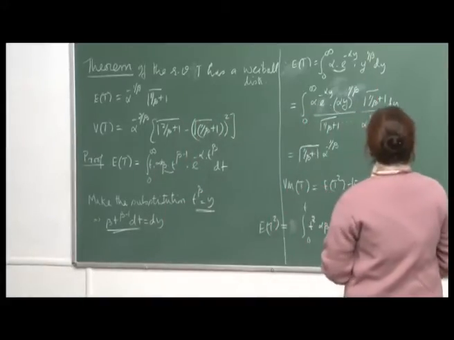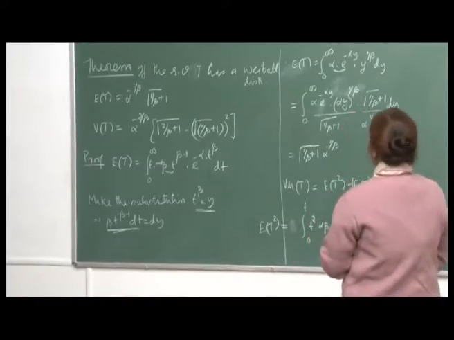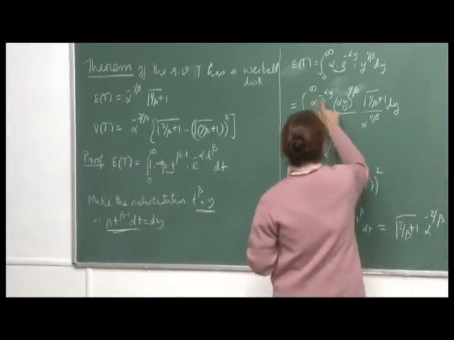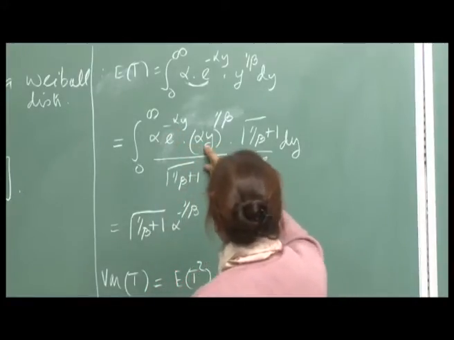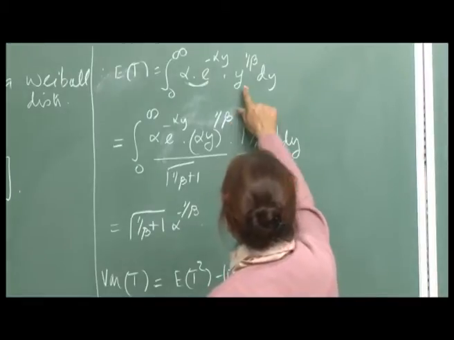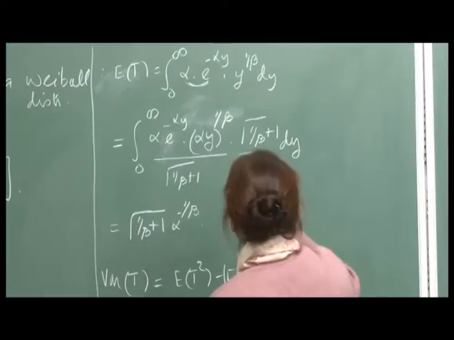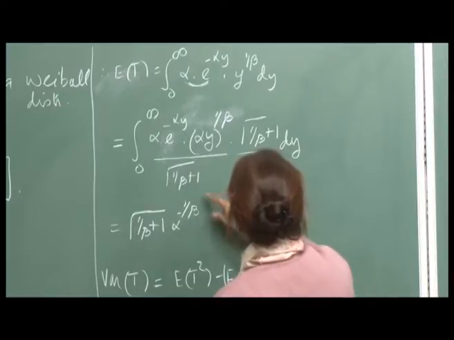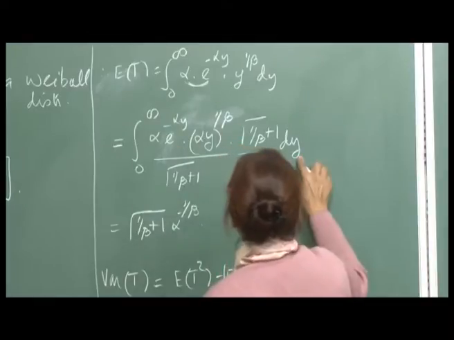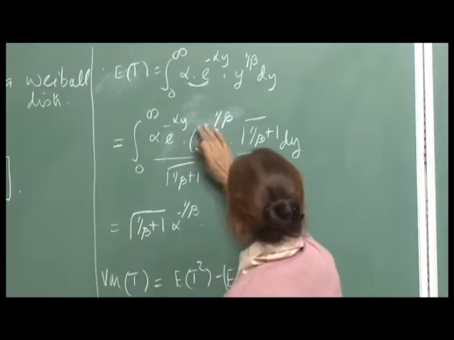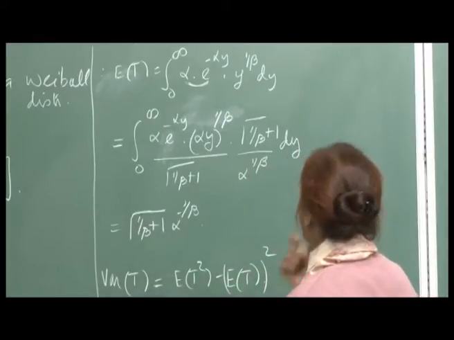Now, you see this looks familiar, because you can relate this with the gamma function, the gamma PDF. Here, alpha e raised to minus alpha y, then you have to have alpha y as the variable, so alpha y raised to 1 by beta. Since y raised to 1 by beta is there, I am adding alpha raised to 1 by beta, so I will divide by alpha raised to 1 by beta, and then I need a gamma of 1 by beta plus 1 for this integral dy to be 1, because this is the PDF of a gamma distribution with parameters alpha and 1 by beta.